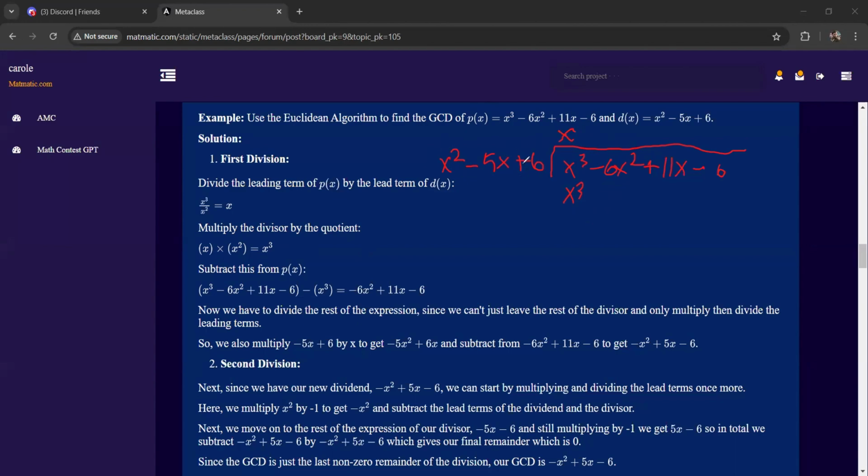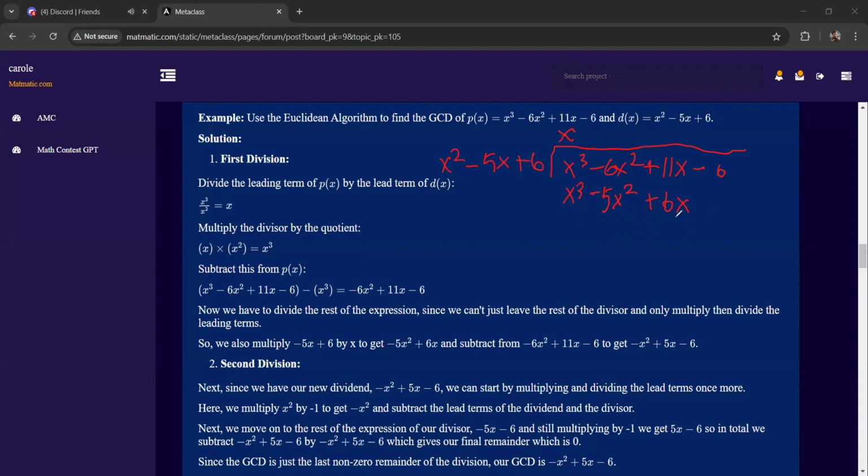And then we multiply x by the rest of each one, which gives us negative 5x to the power of 2 plus 6x.